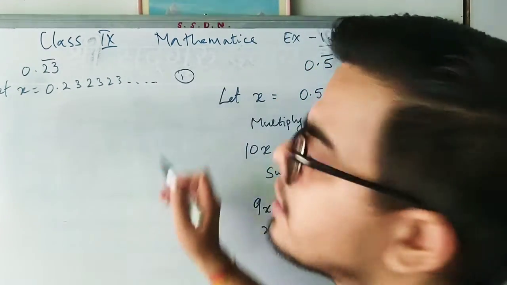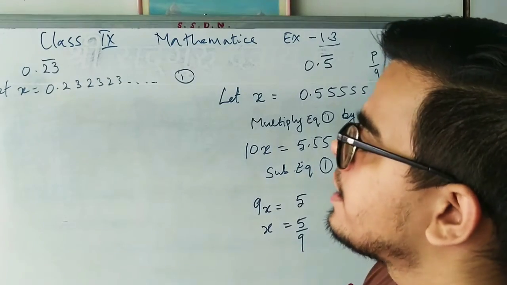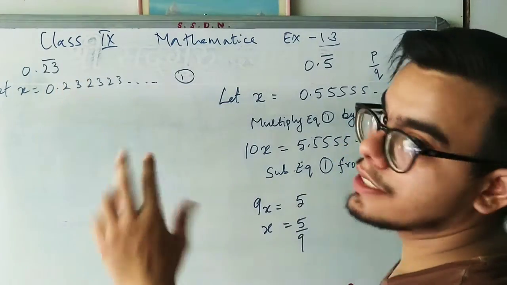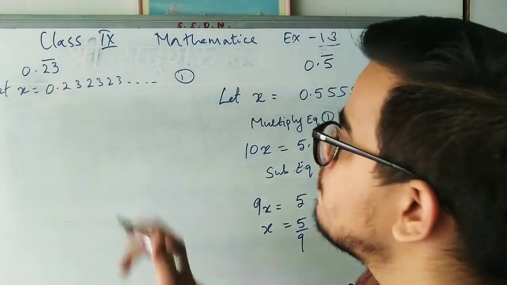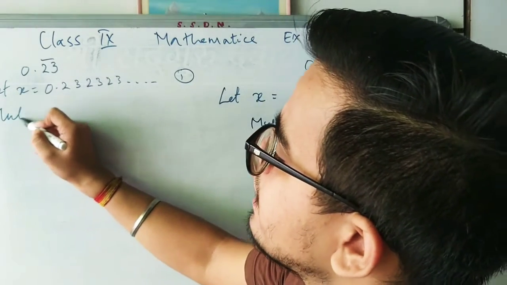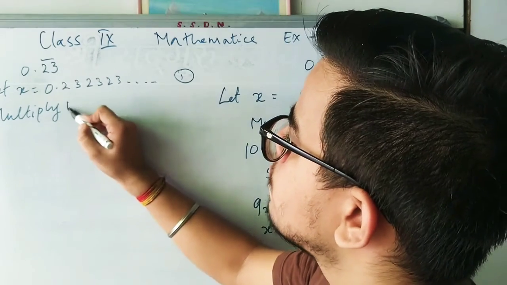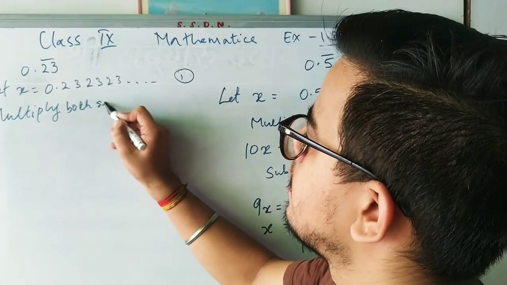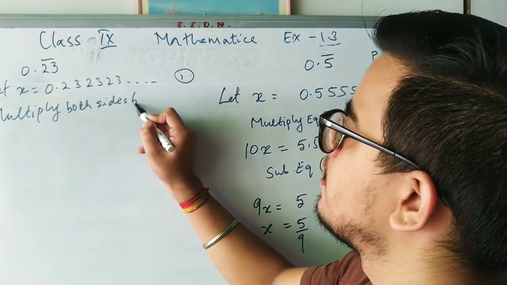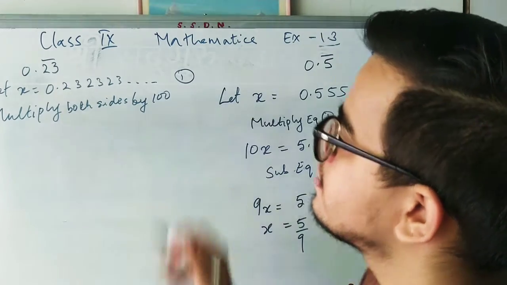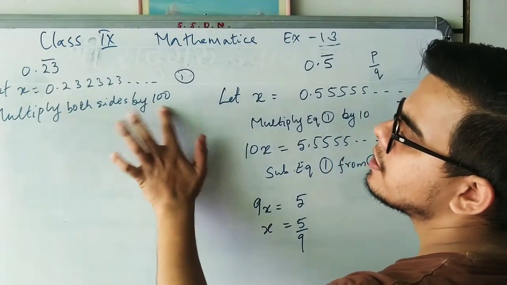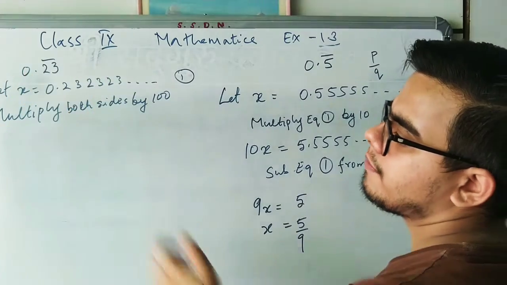This would be our equation number 1. Since two digits are repeating, we multiply both sides by 100. Since two digits are repeating, two zeros, by 100.